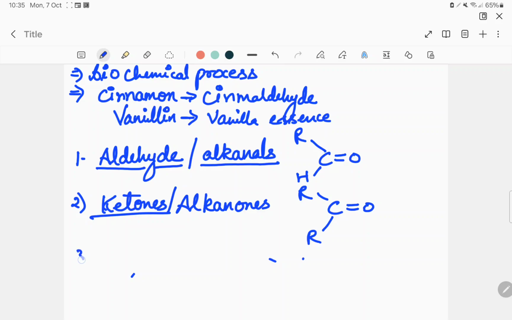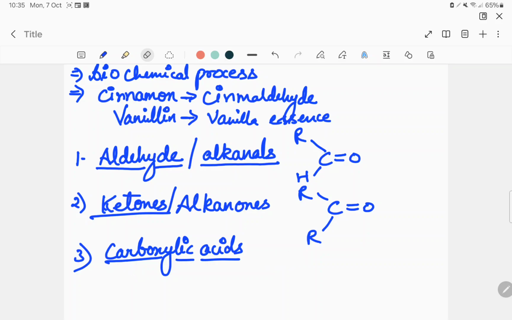Now third, we have carboxylic acids. These are known as alkanoic acids, and they have their general formula.